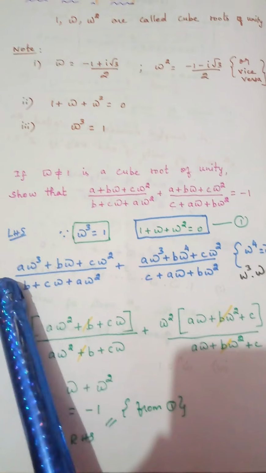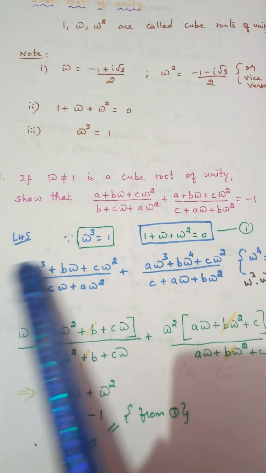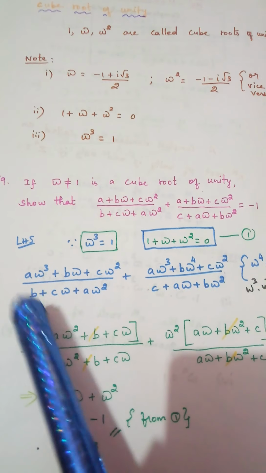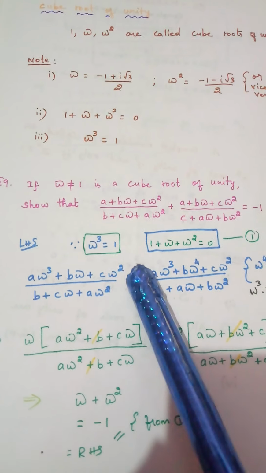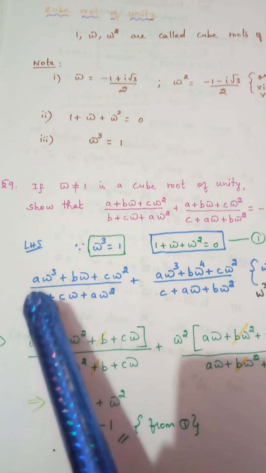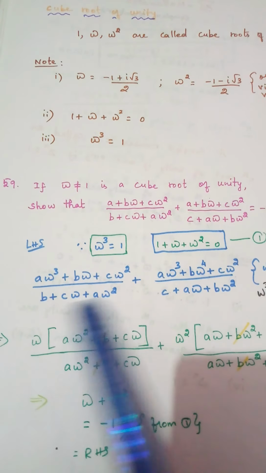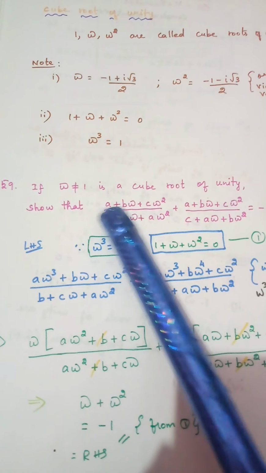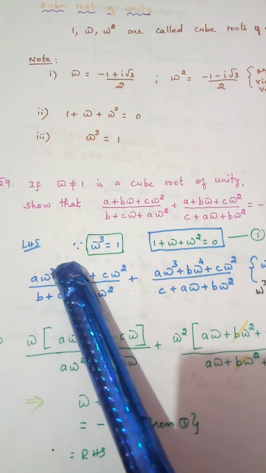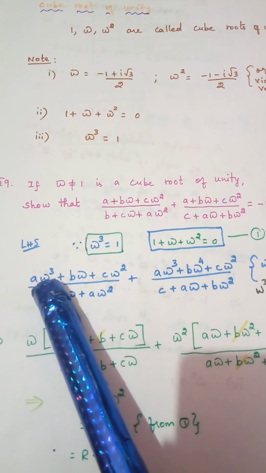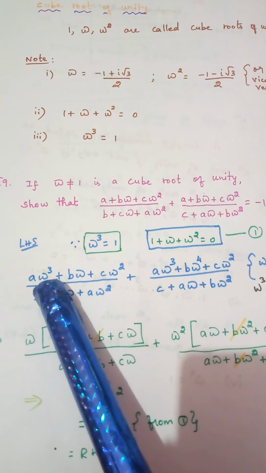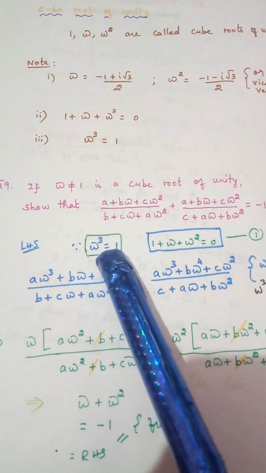So what I am doing is, in this first bracket, if you observe closely, I said this is LHS. So I have written the question. But there is a slight change in what I have written here. Here it is a, and I have written a omega cube. Is it wrong? No, this is not wrong, because omega cube again value is 1.